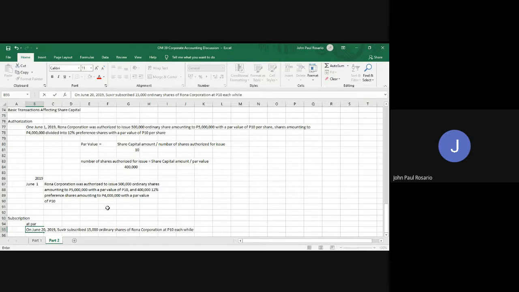While Bruce subscribed 12,000 preference shares at 10 pesos each on the same day.